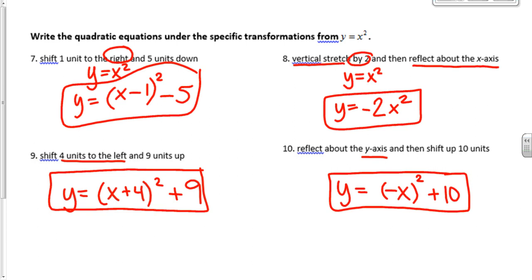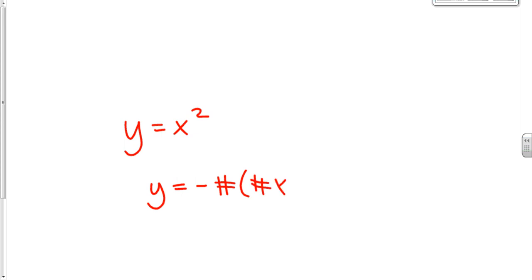Okay? So if you want just a quick little overview, our original function is y equals x squared, but you could have as much as negative a number, x minus a number squared plus a number. Okay, you could have numbers in all of those places. And I forgot one more. You could have a negative here or a negative here.